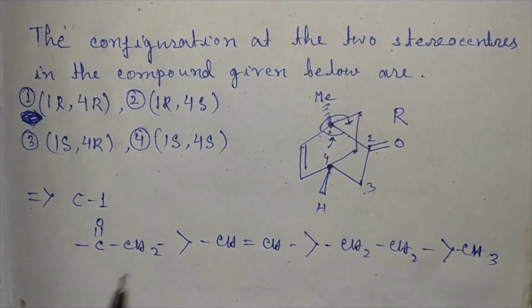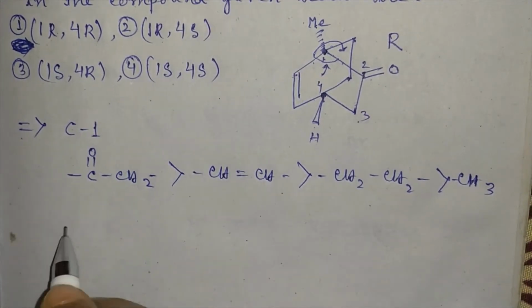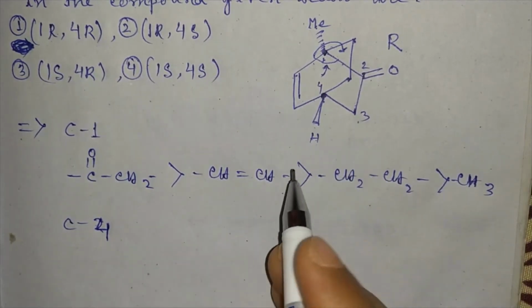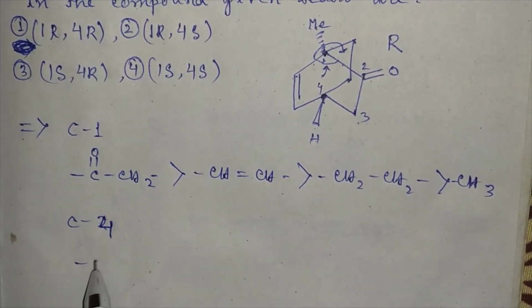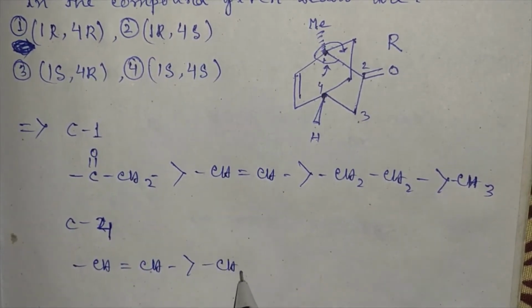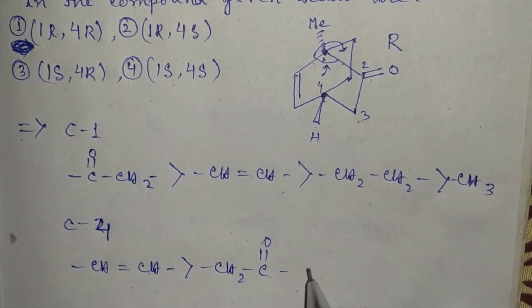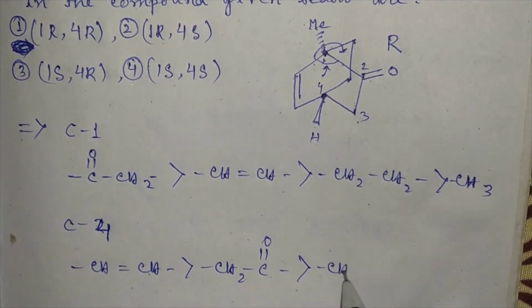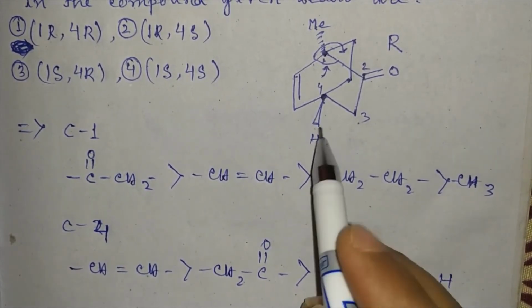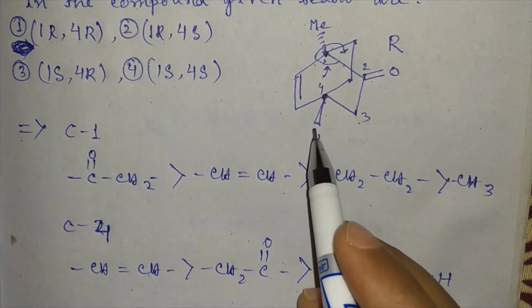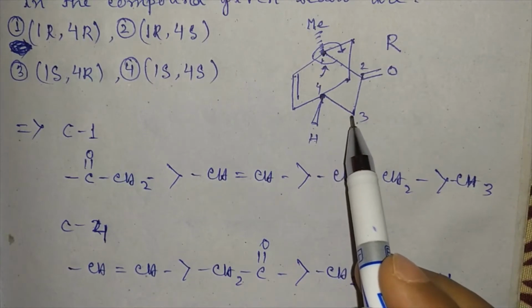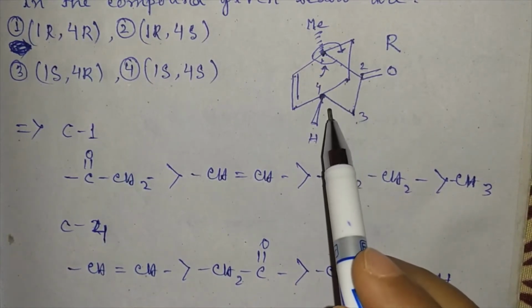while in case of C4, the priority sequence will be CH, here the hydrogen is the lowest priority group, and this is 1, this is 2, this is 3.